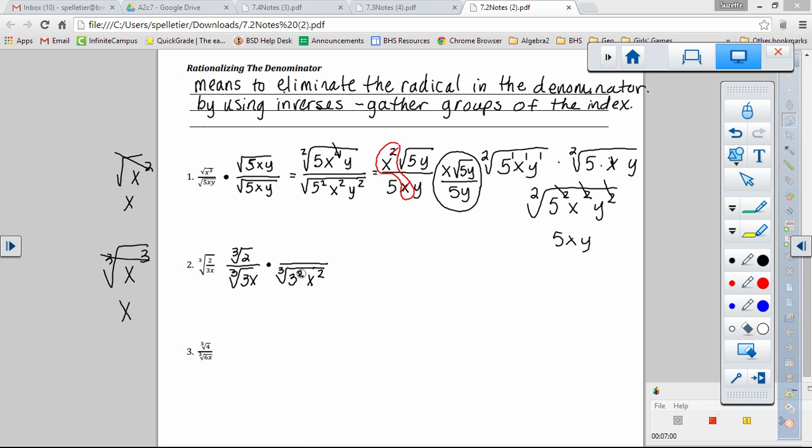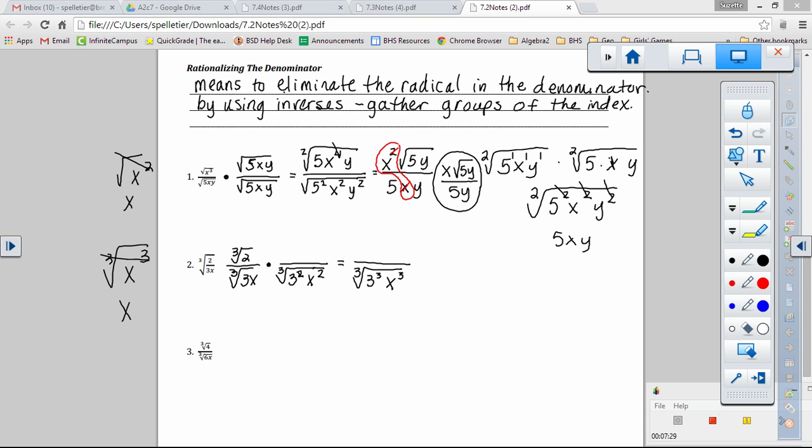So this is how you determine what you're going to multiply by. What kind of index do you have? This time it's a 3. Then you need to gather up 3 of everything. I have 1, 3 now, and I need 2 more. I have 1x now, and I need 2 more. That is going to mean that I have 3 3's, and I will have 3 x's, and I'll be able to take those out from under the radical.